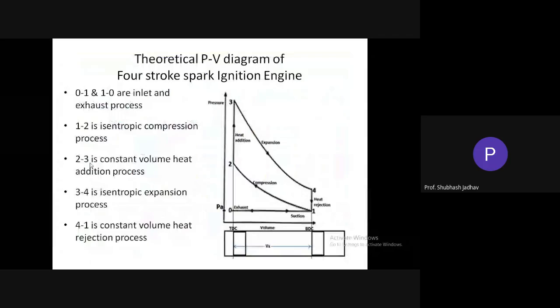But even though the mixture is flowing in, the pressure is not increasing, because the vacuum being created over here is being occupied by the new mixture coming in. Therefore, we can assume the pressure inside the cylinder remains constant, and therefore we have drawn a line 0 to 1.